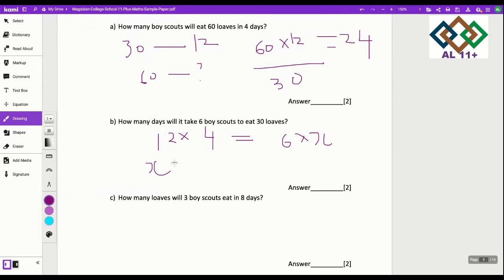Then x equals 12 multiplied by 4 divided by 6, that gives you 8.